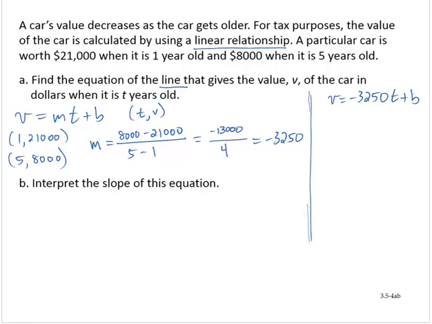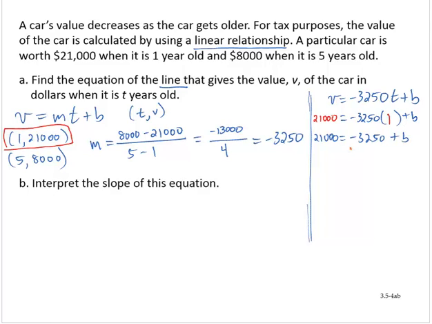Let us now solve for b using one of the points. I'm going to use the first point, 1, 21,000. So 21,000 would equal negative 3,250 times 1 plus b. So 21,000 would equal negative 3,250 plus b.